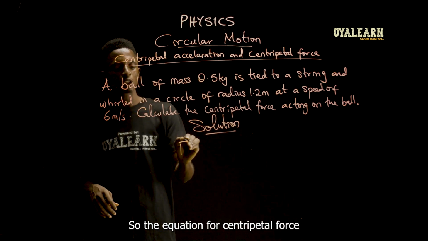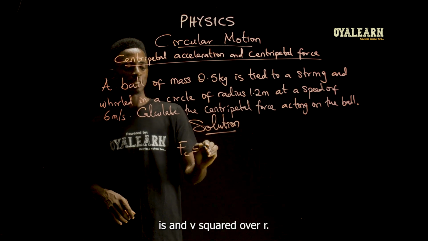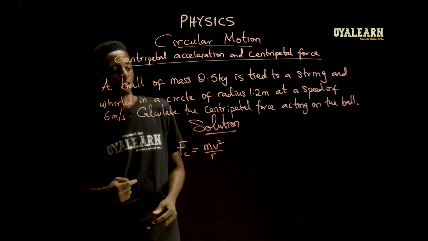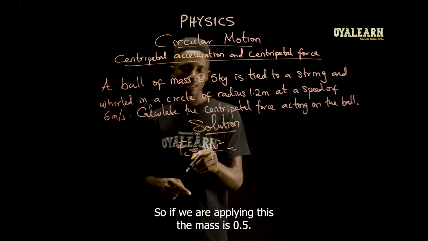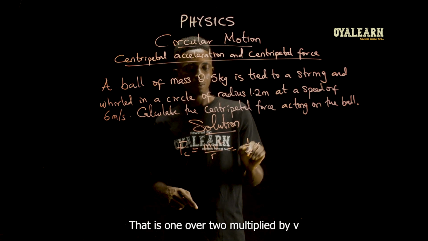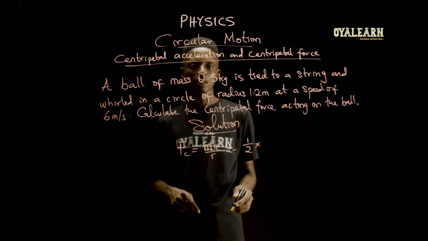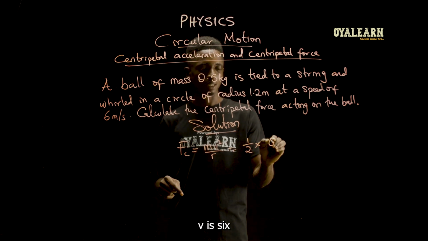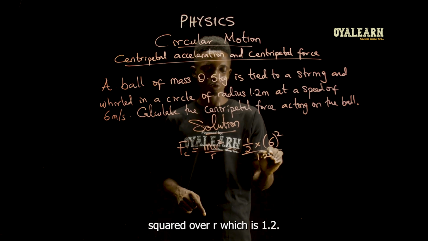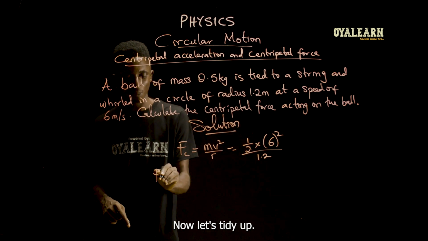So the equation for centripetal force is m v squared over r. If we are applying this, the mass is 0.5, that is 1 over 2, multiplied by v, which is 6, squared, over r, which is 1.2. Now let's tidy that up.